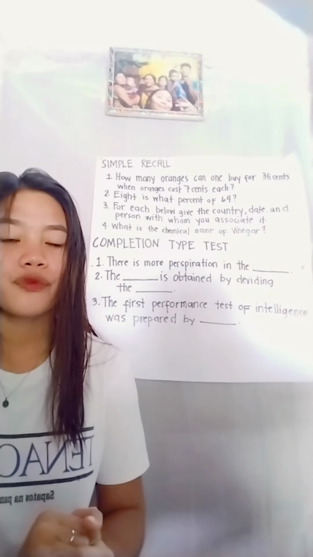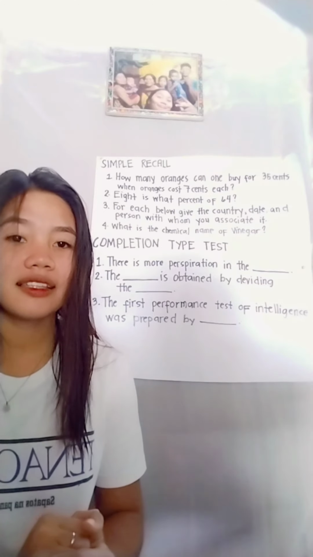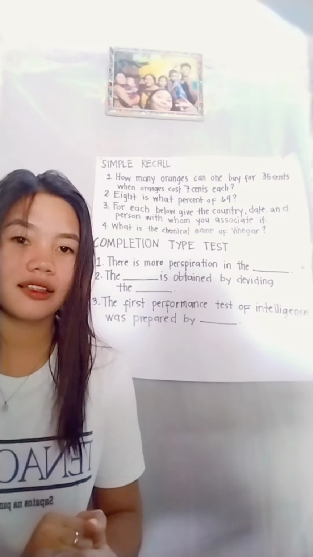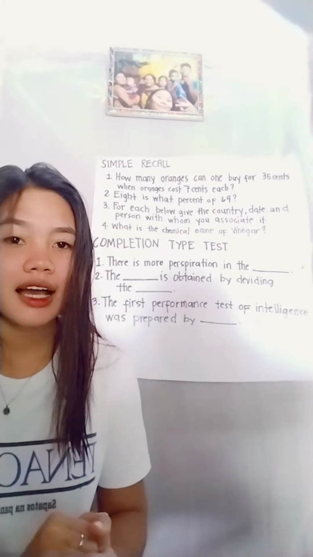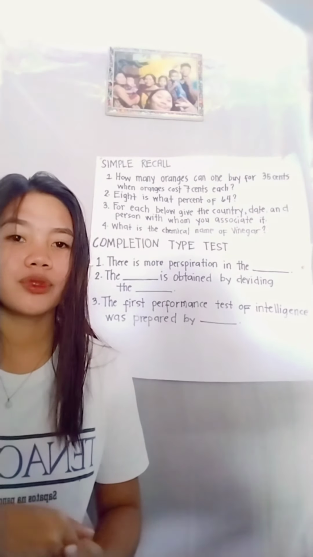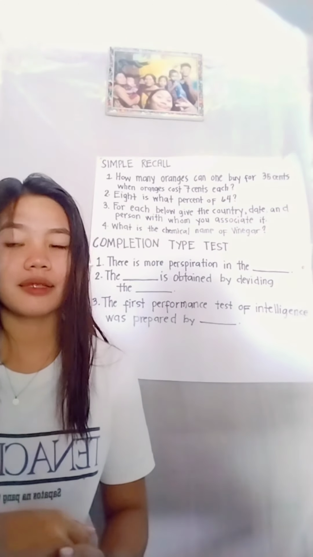Third, for each event below, give the country, date, and person with whom you associate it. The fourth question, what is the chemical name of vinegar? So those are the examples of simple recall test.